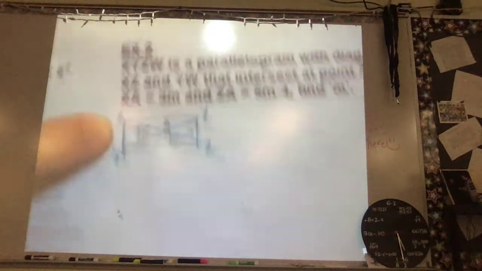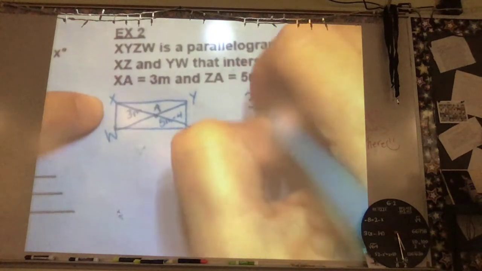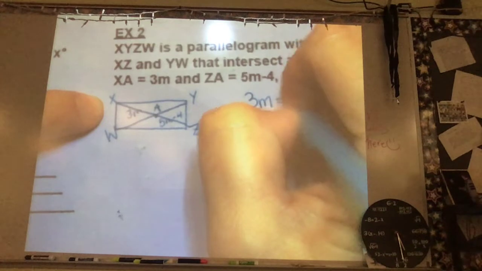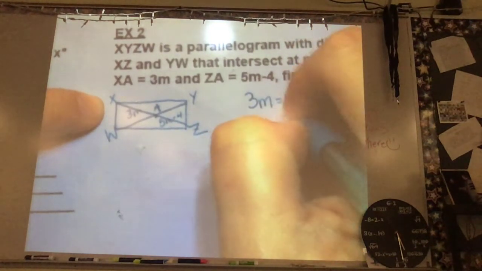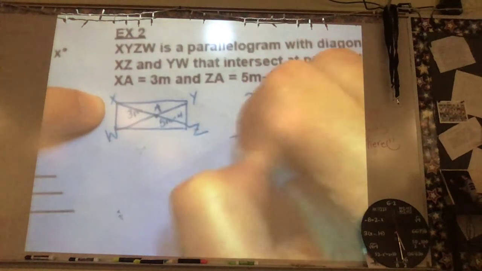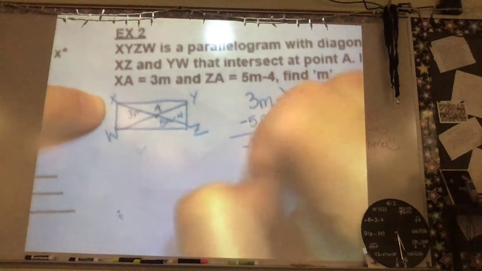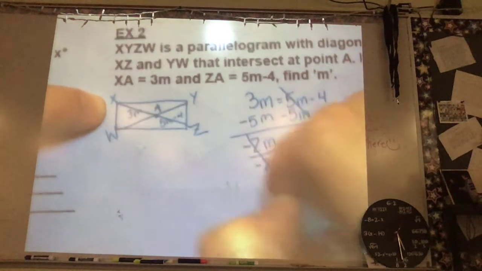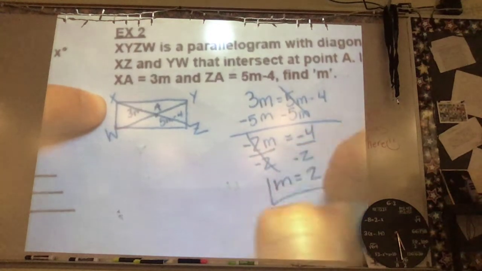So we have 3m equals 5m minus 4. I want to move my m's to one side, so I subtract 5m from both sides, which gives me negative 2m equals negative 4. Then dividing both sides by negative 2, I've got that m equals a positive 2.